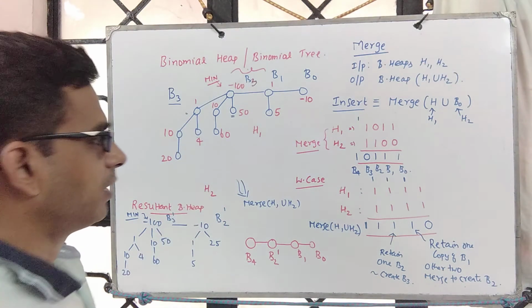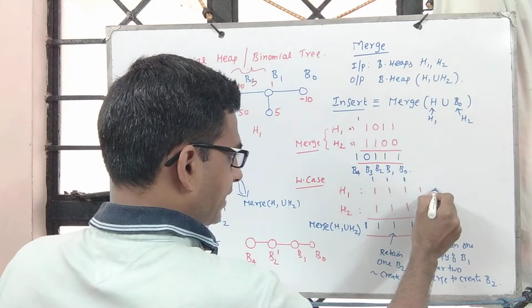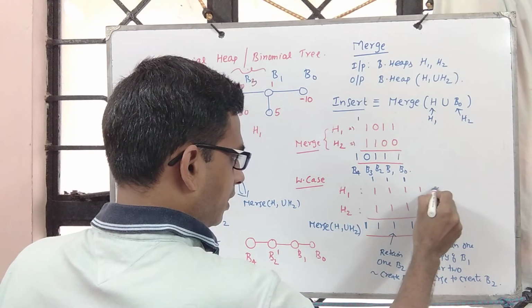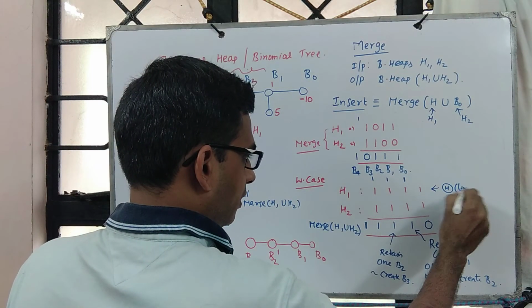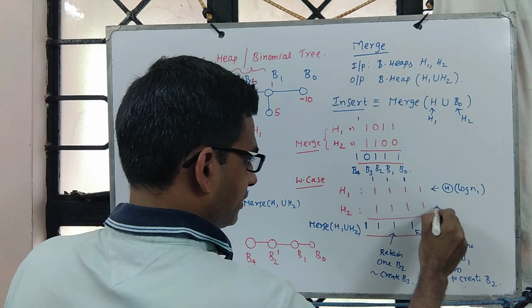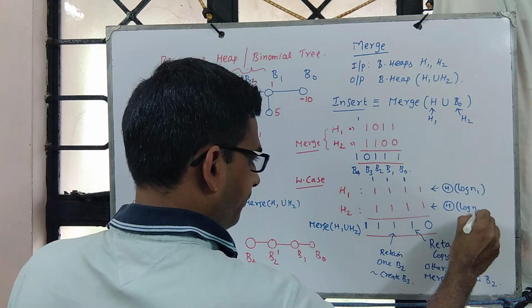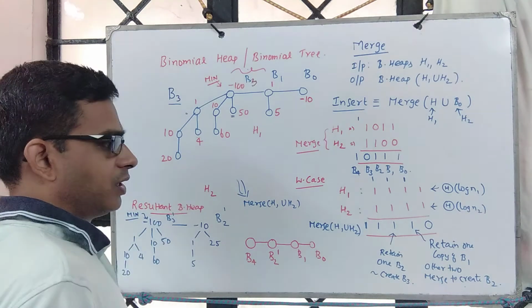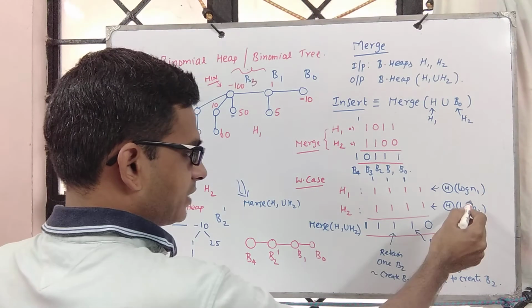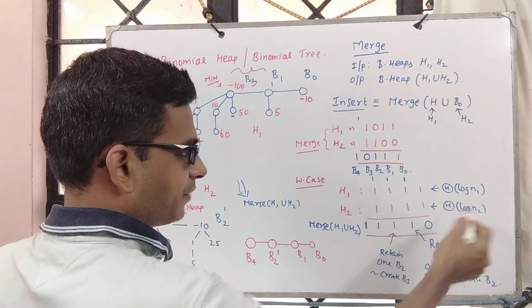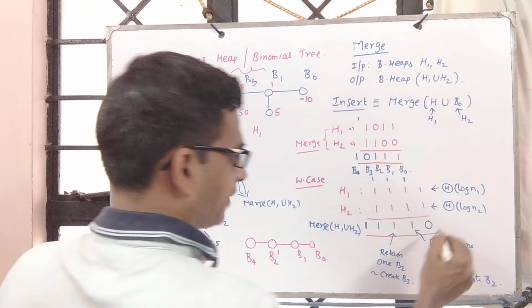Okay. Now here is the worst case scenario. So this takes log of n1 and this takes log n2. Now you merge them, and now it is log of max of n1 comma n2, but that is a function of n, right?